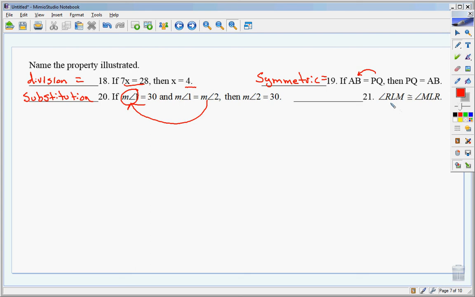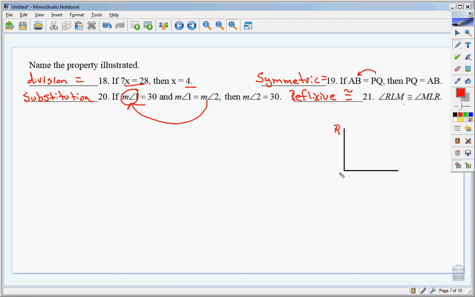This one is the reflexive property, and notice that we're not talking about equality anymore, we're talking about congruency. There's a small difference. Some people would think that maybe it's changed order, but here's what I want you to think about.